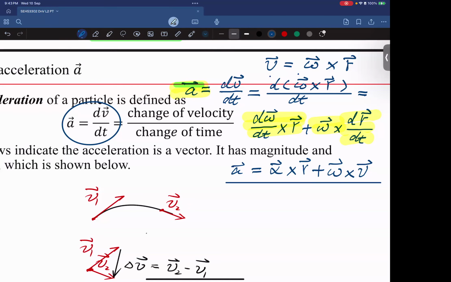So acceleration equals angular acceleration times position. This is reasonable, because the particle acceleration is related to the rotational acceleration and the position of that particle. So that makes sense.